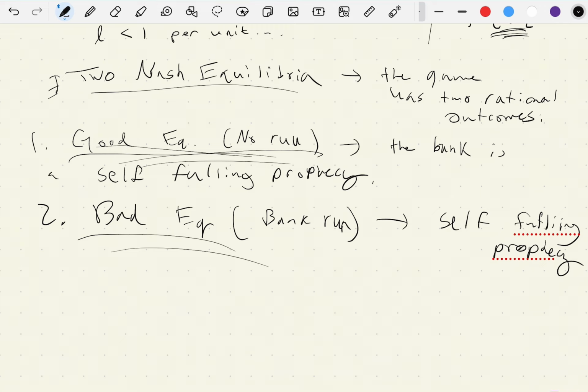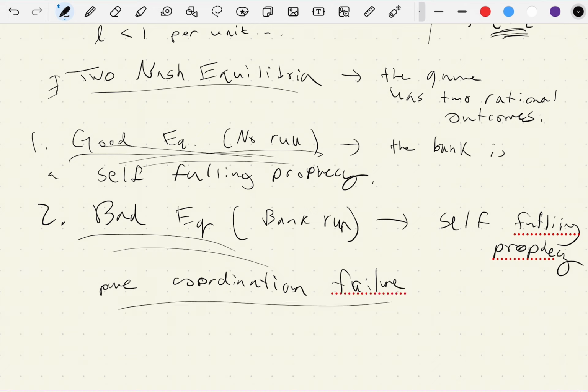So this result is really profound, because bank runs really are not the result of some bank insolvency or bad investments. They're actually pure coordination failure among rational depositors.